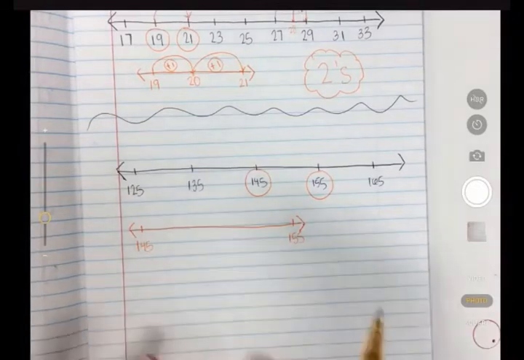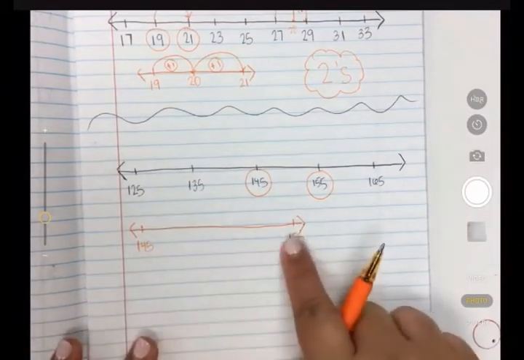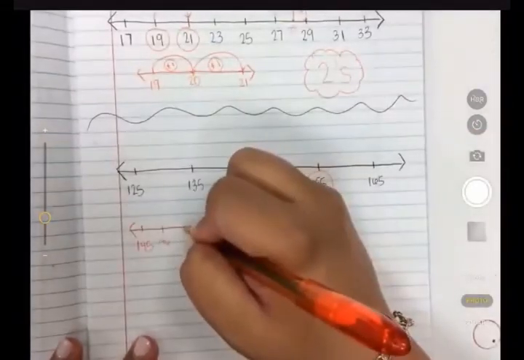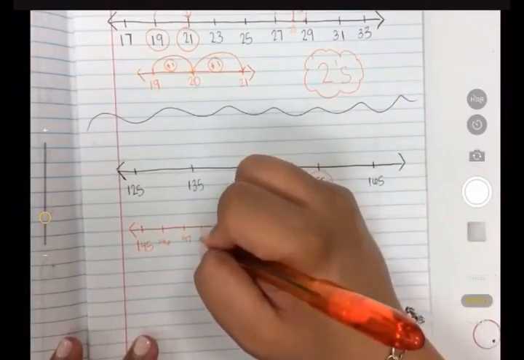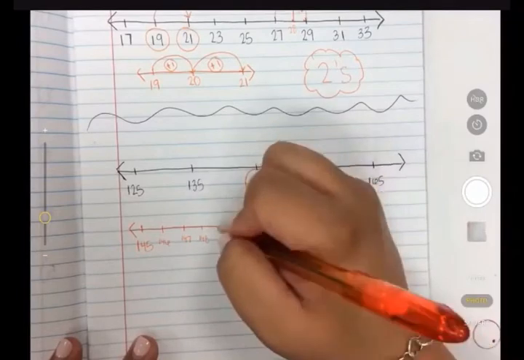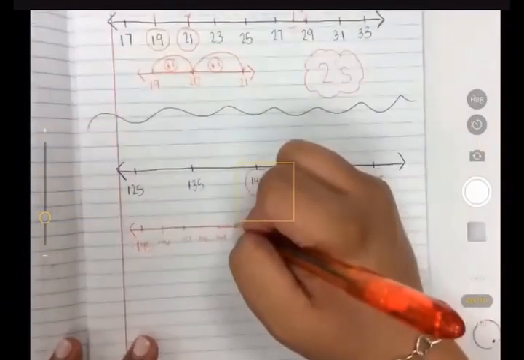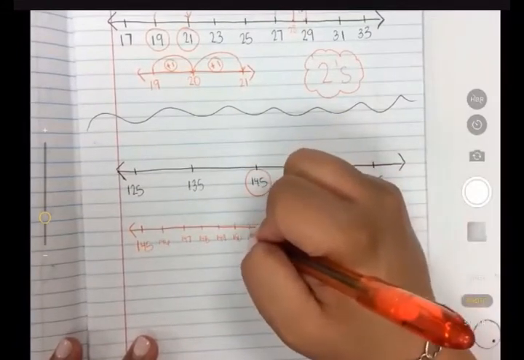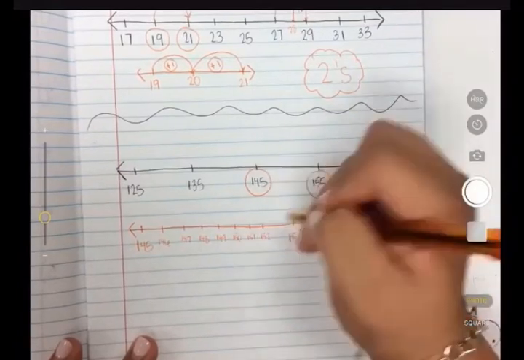Now let's just go ahead and we're not going to hop yet. We're just going to fill in those numbers. So I'm going to go 146, 147, 148, 149, 150, 151, 152.